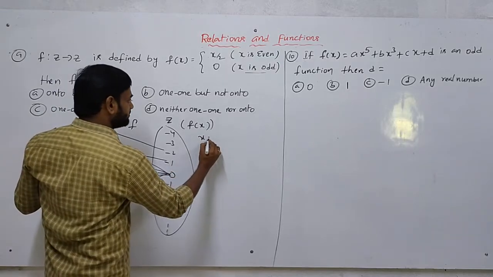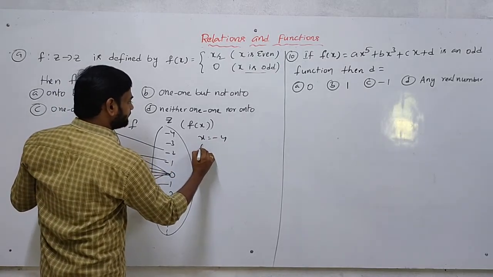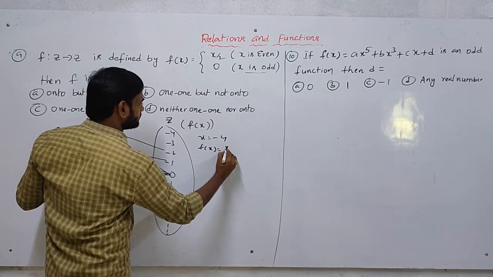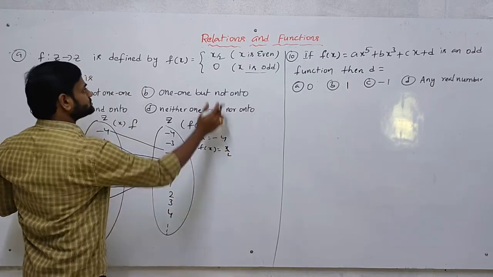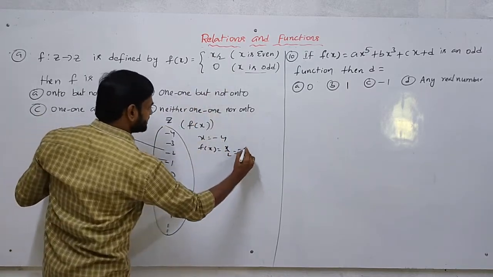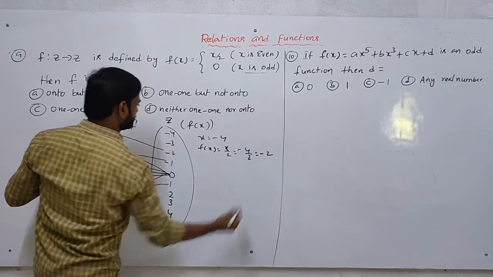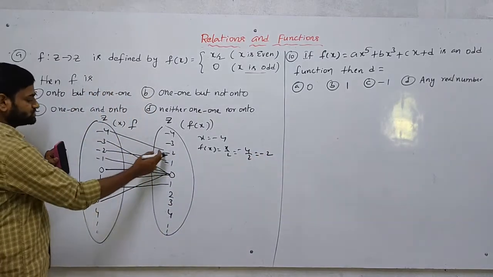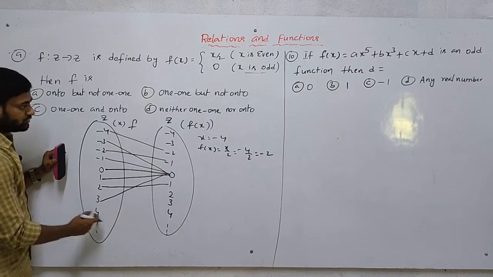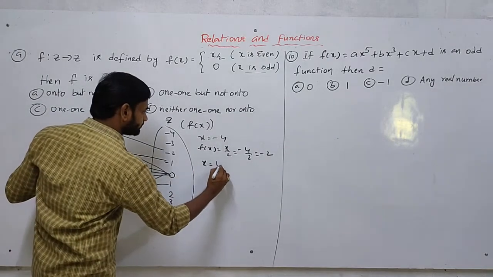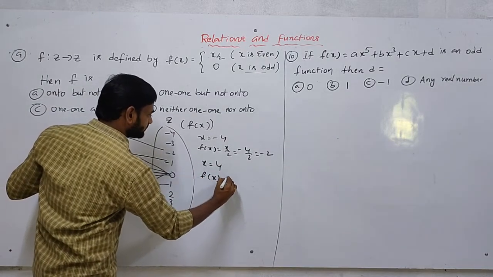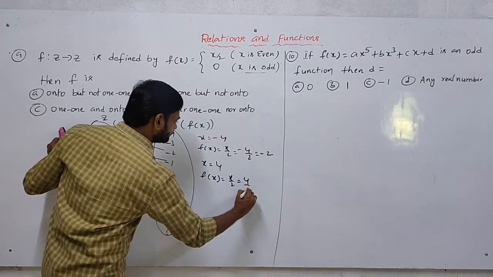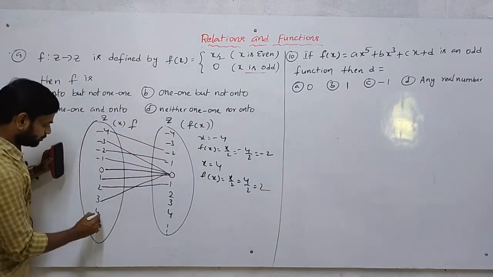That means the x value I am taking is -4. So f of x equals x by 2, because -4 is an even number. So that is -4 by 2, that is -2. So -4 to -2. In the same way, if x equals 4, f of x equals x by 2, that is 4 by 2, that is 2. So 4 to 2.